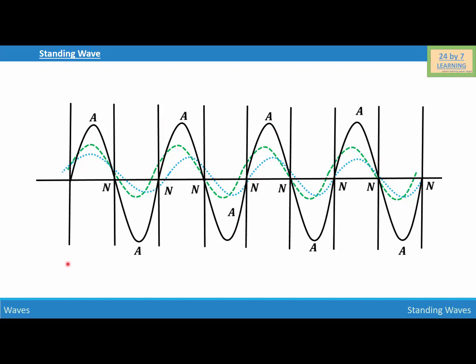So basically nodes do not change their position, so they stay on the x-axis, and antinodes undergo their maximum displacement, which is on both sides of the x-axis. Nodes are denoted by N and antinodes are denoted by A, and this is how we will define the standing wave.